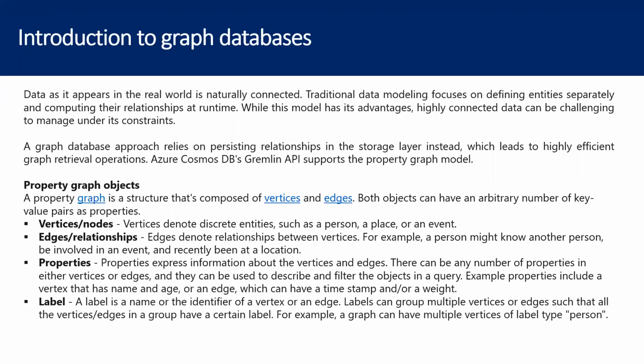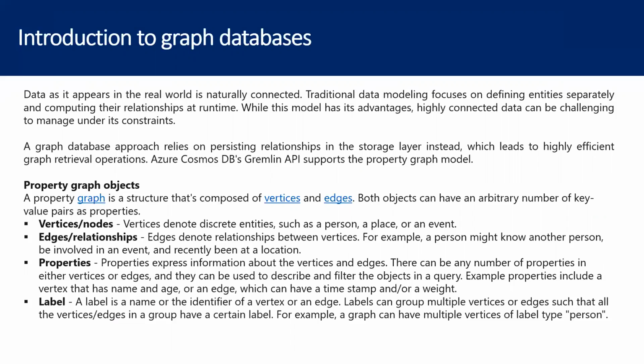Vertices refer to entities like a person, place, or event. If I create an employee table in this concept, employee will be a vertex. Edges refer to the relationship between the vertices, like a person to a product.